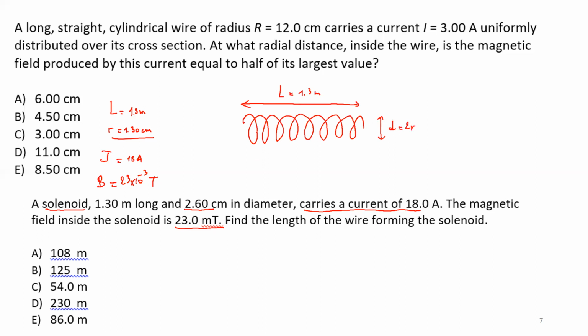Anyway, so the current which is going through my solenoid, let's say that it's going in this direction. This current is equal to 18 amp. And the magnetic field inside my solenoid is 23 millitesla. And the question is find the length of the wire, not the solenoid, because we already know the length of the solenoid. We want the length of the wire, L wire.